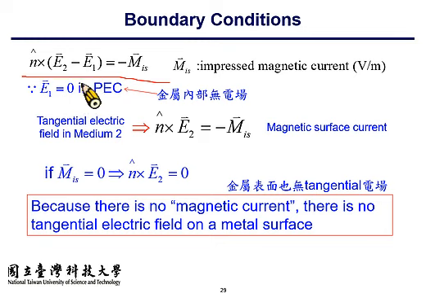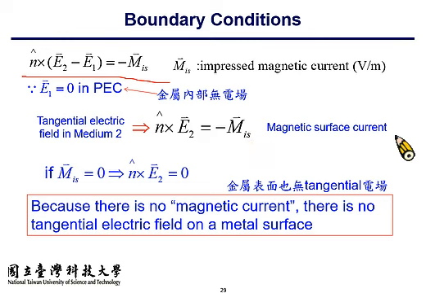Because there is no E1, no electrical field intensity within the metal, we only have the tangential electrical field in medium 2. So you have n cross E2 equals minus the magnetic surface current.